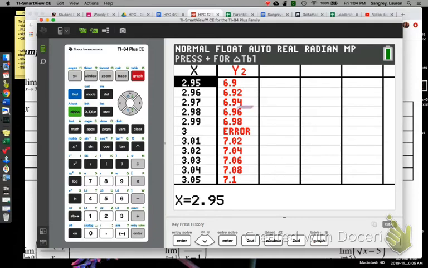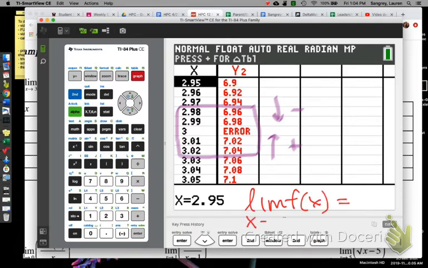Again, for your notes, you'd be filling in this part right here. You want your limit right in the center. Now, as we approach from the right and the left, you can hopefully tell that we are approaching 7 from either side.